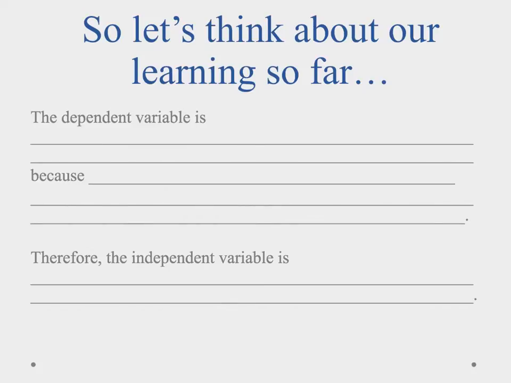I'd like for you to explain your thinking about that hockey problem now. So if you'll take just a moment and complete the sentences here. The dependent variable is our team's score because our score depends on how many goals our team makes.